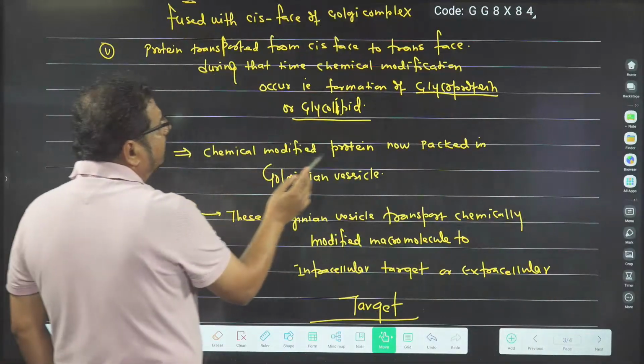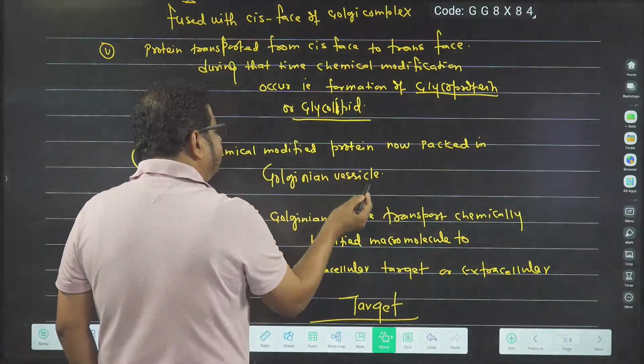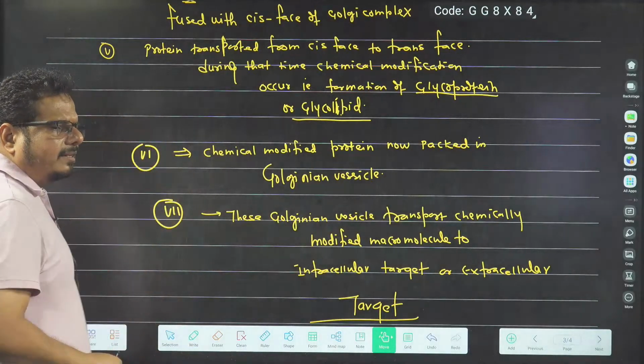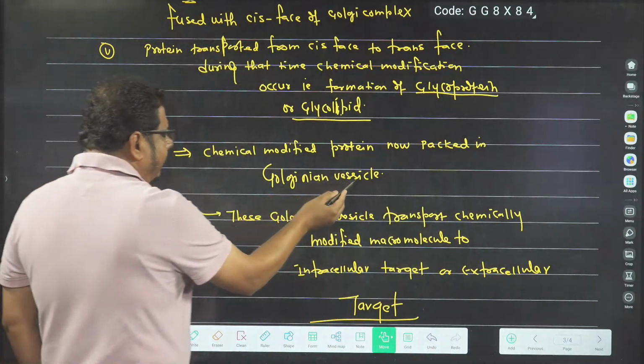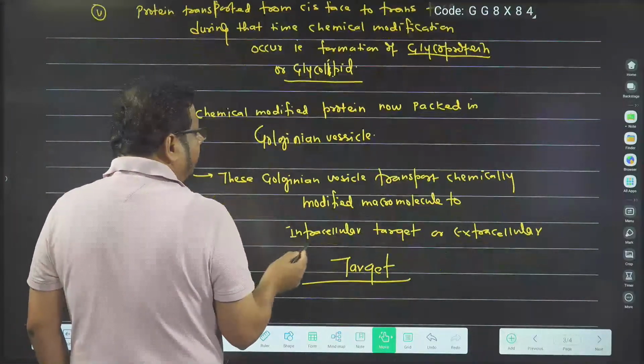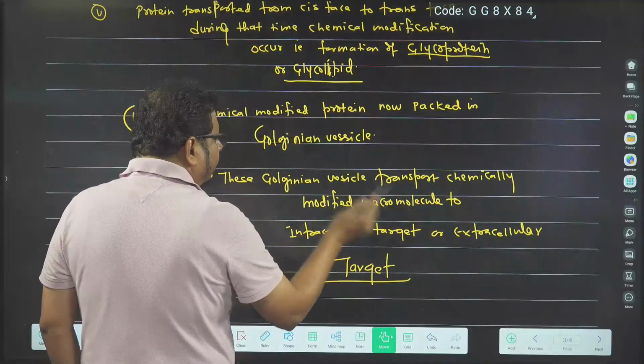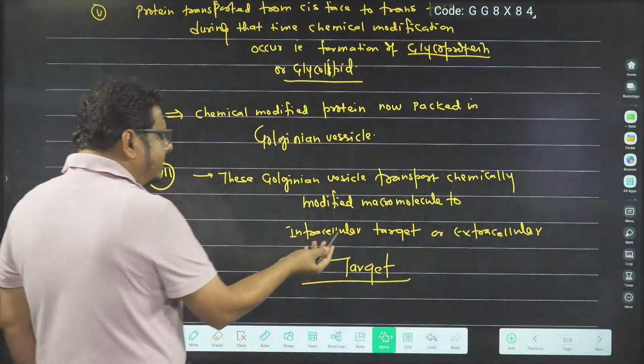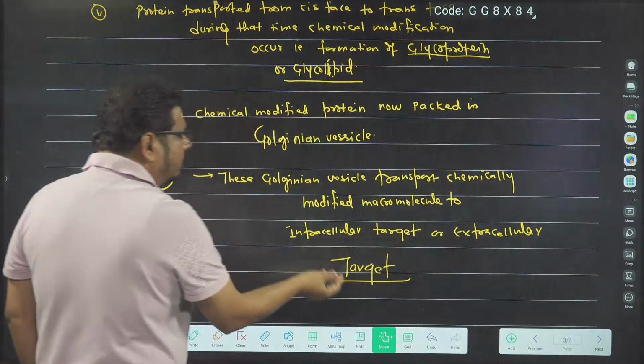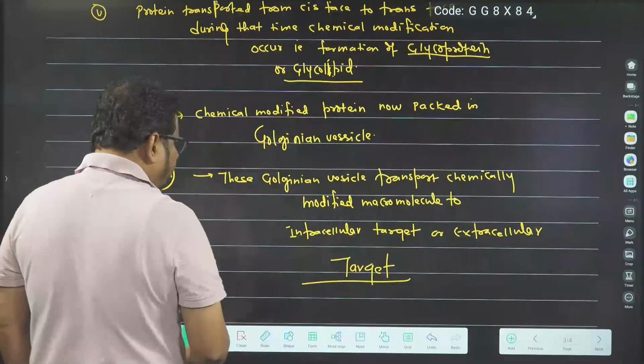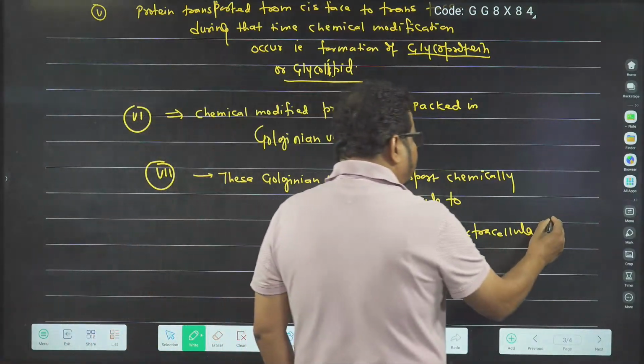Now the chemically modified protein is packed in the Golgi vesicle, a sac-like structure. And these vesicles transport this protein either to what basically? Intracellular target or extracellular target. Getting the things or not? Extracellular means what? Outside of the cell.